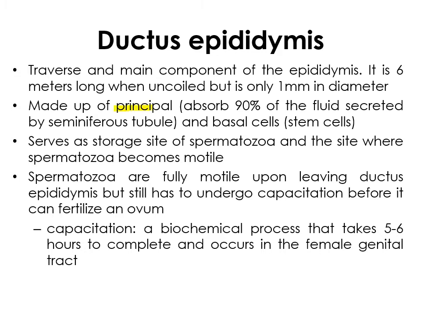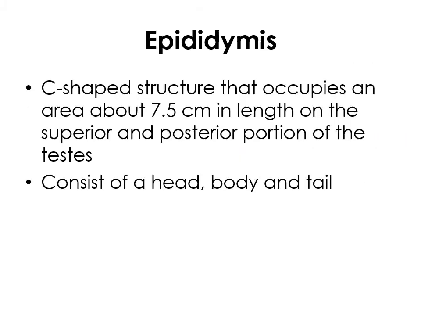Made up of principal and basal cells, it serves as the storage site of spermatozoa and the site where spermatozoa become motile. It is a C-shaped structure about 7.6 centimeters in length.